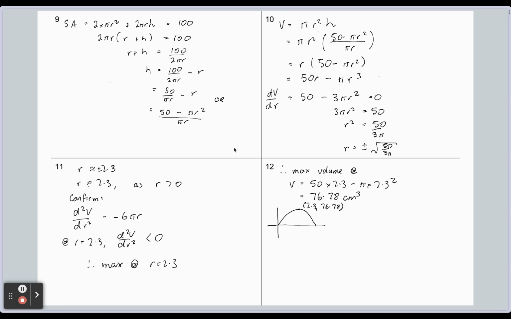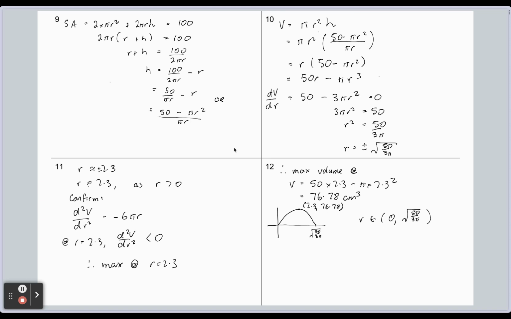Here is going to be the square root of 50 on 3 pi. Not that that's particularly essential to know, but nevertheless, there you go. So there's our domain. The radius has to be between 0, and I'd actually use round brackets because we can't really create a cylinder if the radius was actually 0. So the radius has to be between 0 and root 50 on 3 pi. So that's what the domain is.